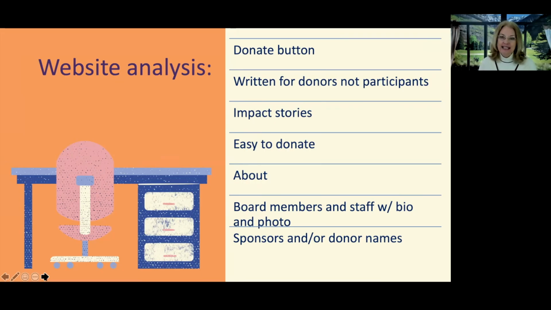That donate button needs to be in the upper right-hand corner of your website, the far right, the last thing that you see, because you have your menu across the top and then you need your donate button. Some of the research says it needs to be either red or blue. I don't know that that's exactly the case, but you just need it in the upper right-hand corner.